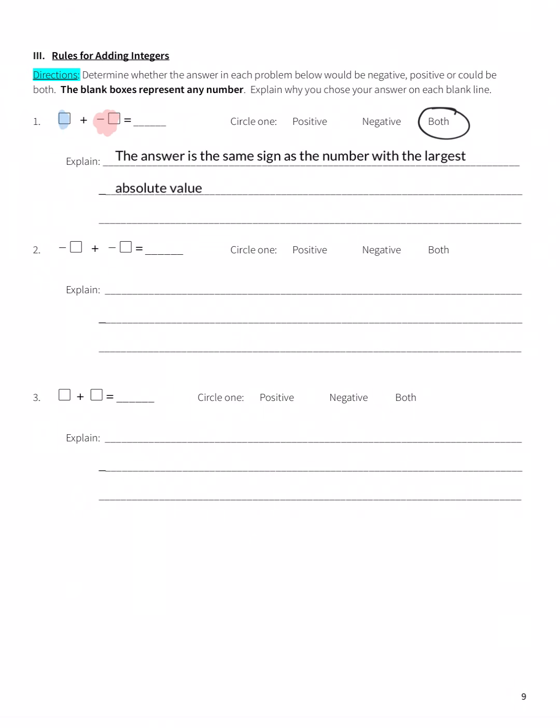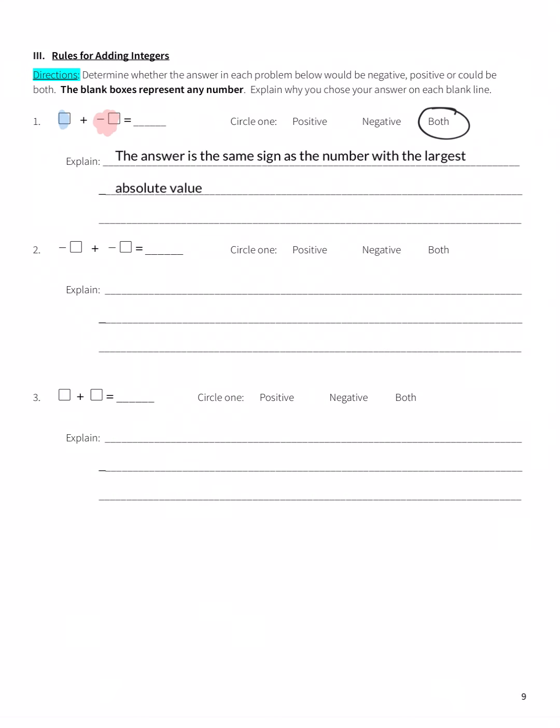And that is why it is both. So please make sure you have this in your notes: the answer is the same sign as the number with the largest absolute value. All right. Now let's go ahead and move on to the next, as long as you have all this information down. If not, get it down before you move on.